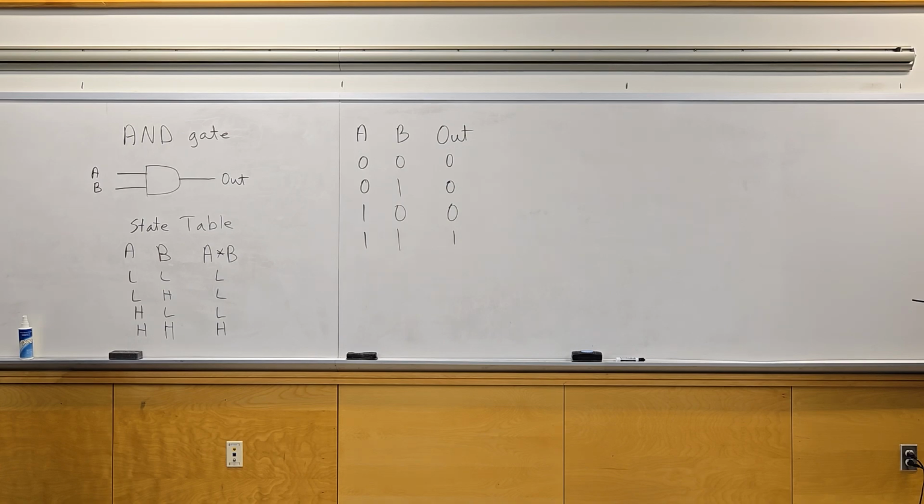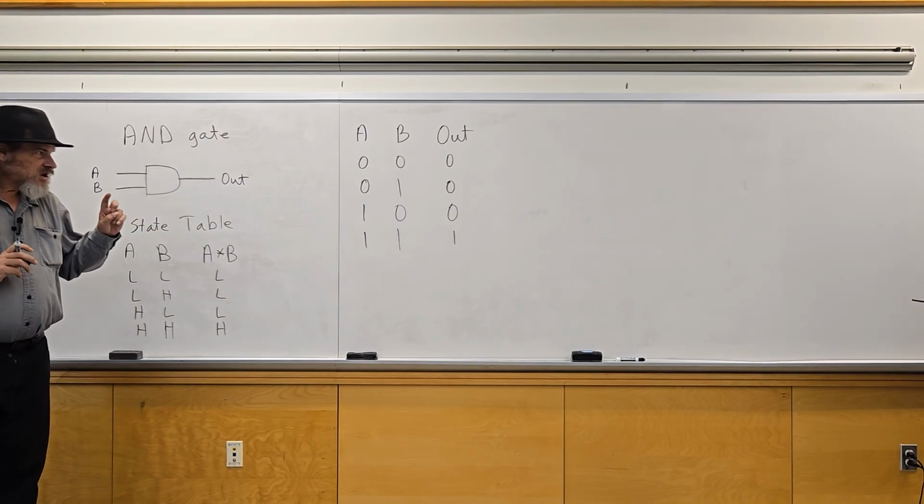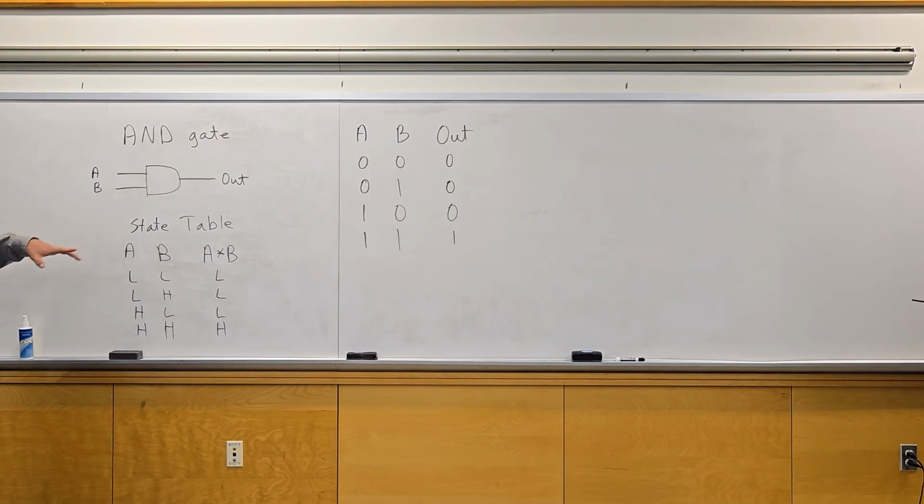Now that holds true for just about every case. We'll get to another case later in Boolean, when we get into Boolean algebra, where it does not behave like multiplication, but for the most part, the AND gate behaves like multiplication.